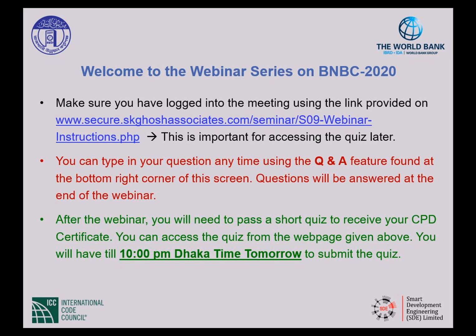So I have taken a copy of the questions from the chat box and also from the Q&A box. So all the questions are only to me? The chat box questions are different, to you. My chat box has other questions, but the Q&A box is common to both of us.